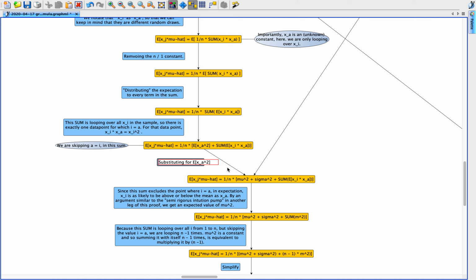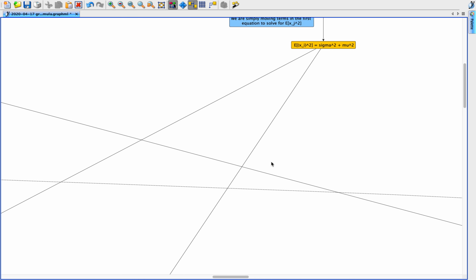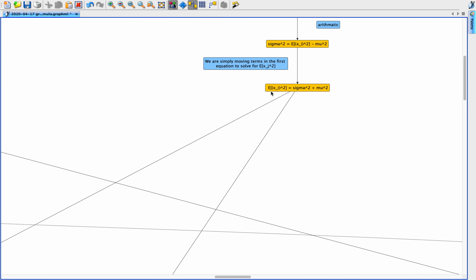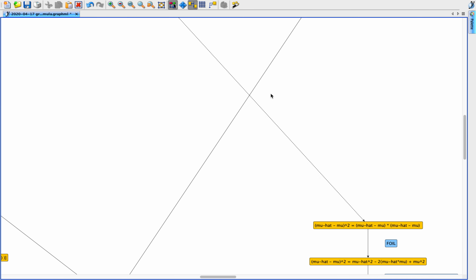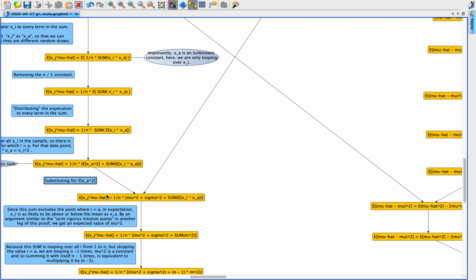So remember that xi and xa, the i and the a there, are just variables. It doesn't matter which they are. So we can substitute in the expected value of xi squared for the expected value of xa squared.